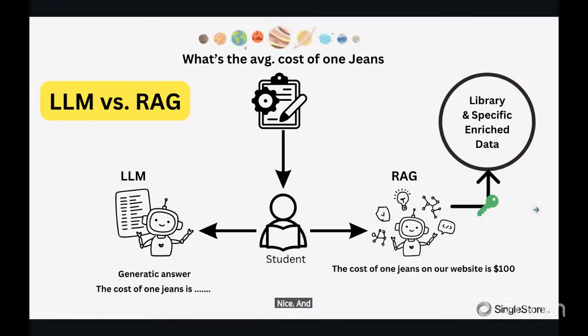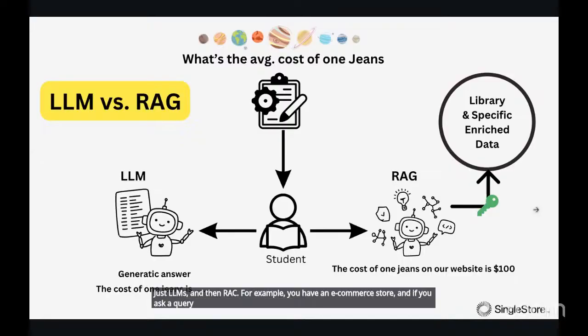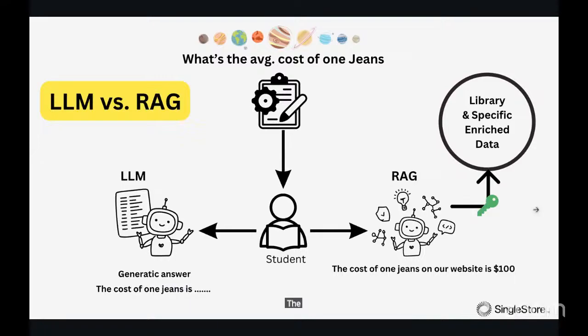We should also understand the difference between just LLMs and RAG. For example, you have an e-commerce store, and you ask the system, what's the average cost of one jeans? The LLM will try to answer something generic, like the cost of one jeans is blah blah blah.